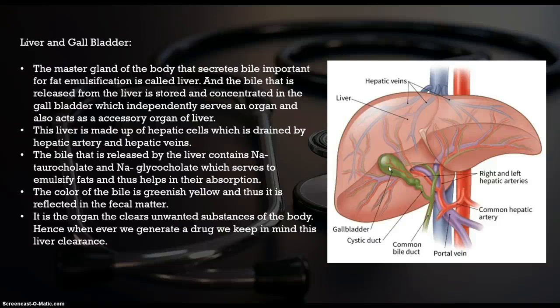This 500 mg is important for the drug because a portion of this 500 mg will be removed from the body by the liver. So whenever we administer a drug inside a human body, we keep this liver clearance in our mind.